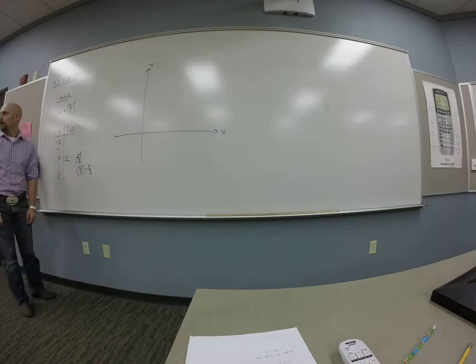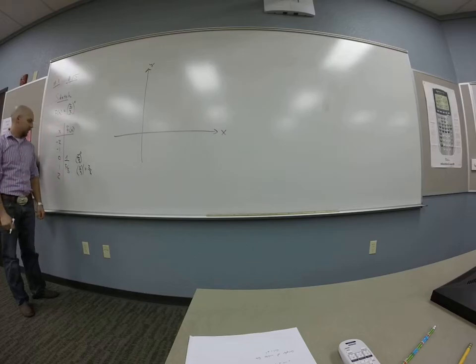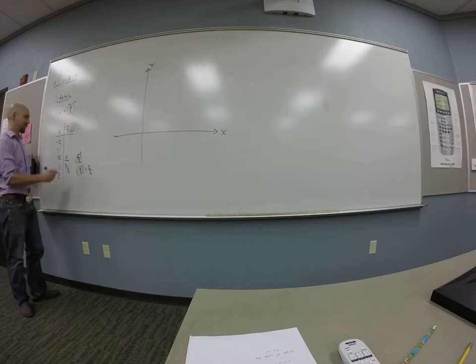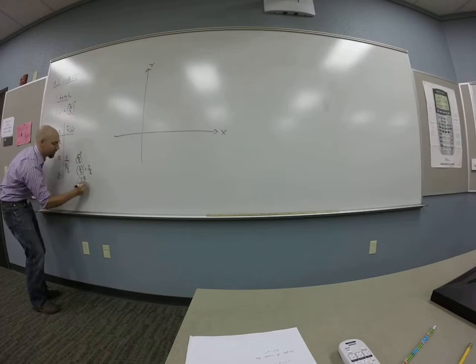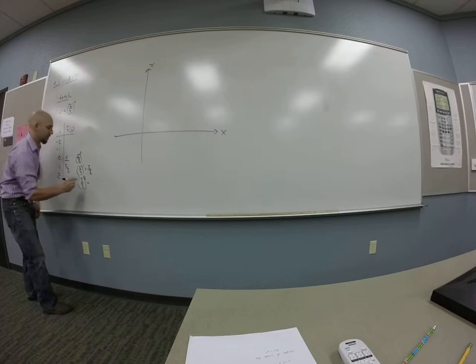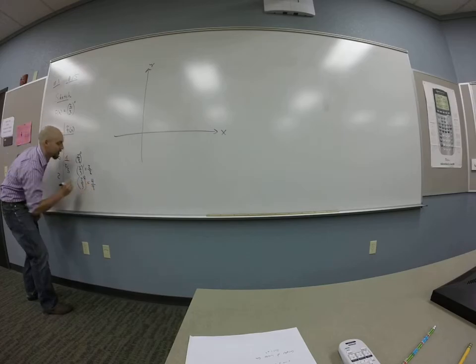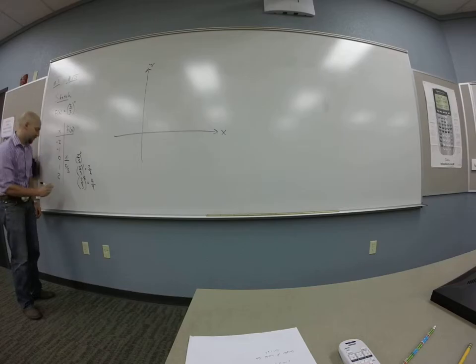Then 2/3 to the 2 is 4/9. I'm just multiplying it by itself, right?